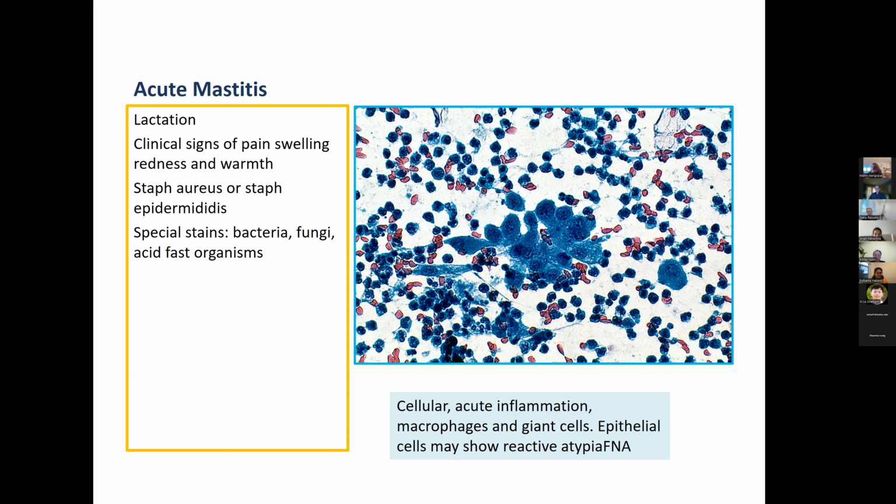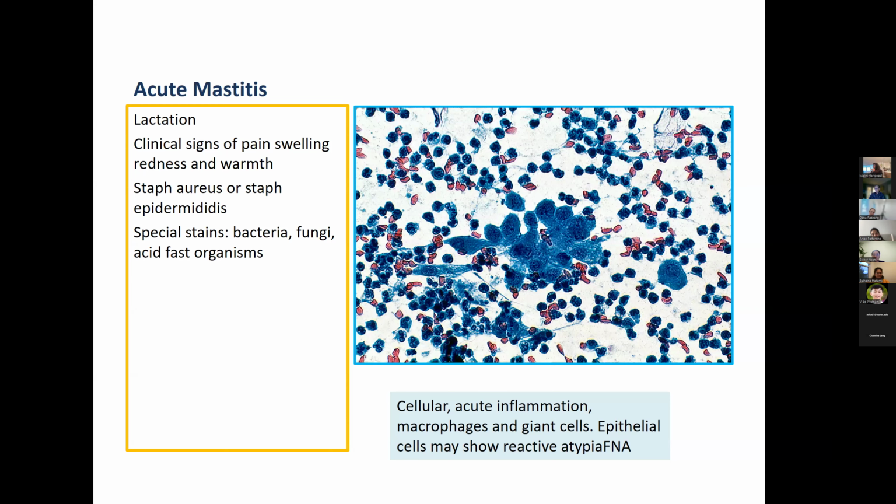But at the same time, in a reactive background, you really want to keep away from calling something malignant. So pay attention to the nuclear details. Even though the nuclei look enlarged, the NC ratio is not that altered. It's not high. And the nuclear membranes are very smooth. So this entity happens because of bacterial infection from the erosions in the nipple, and usually the bacteria that are involved are Staph aureus.